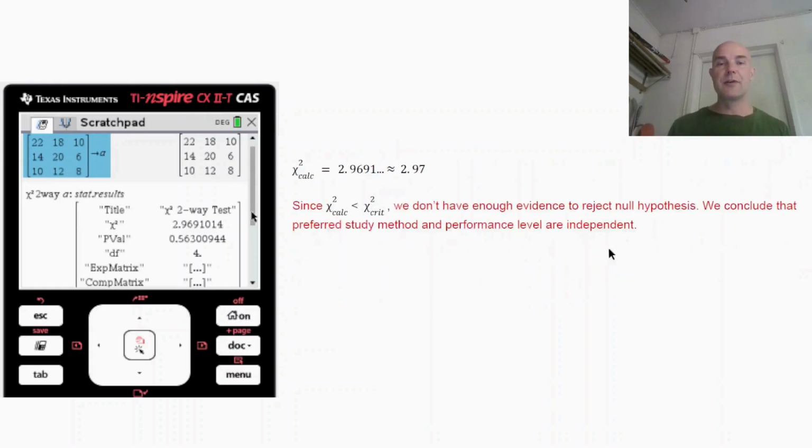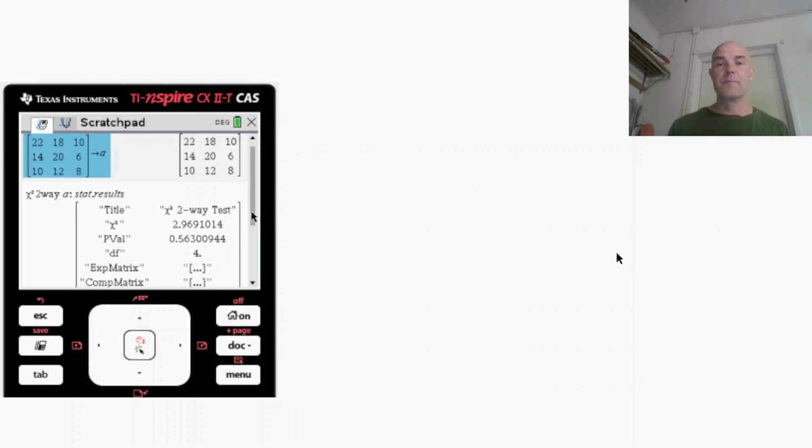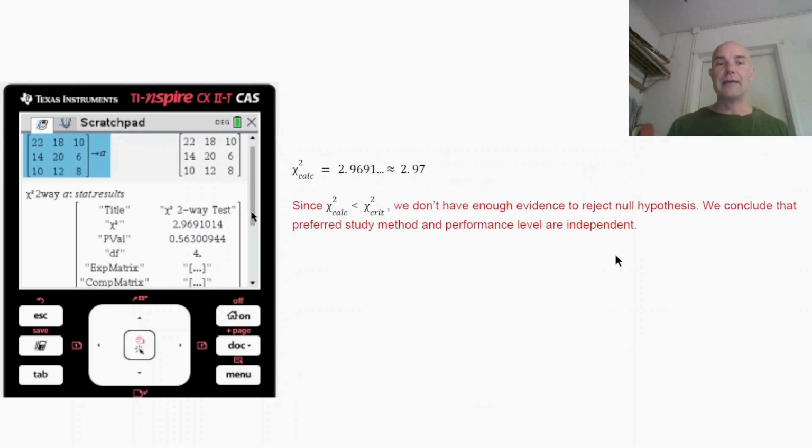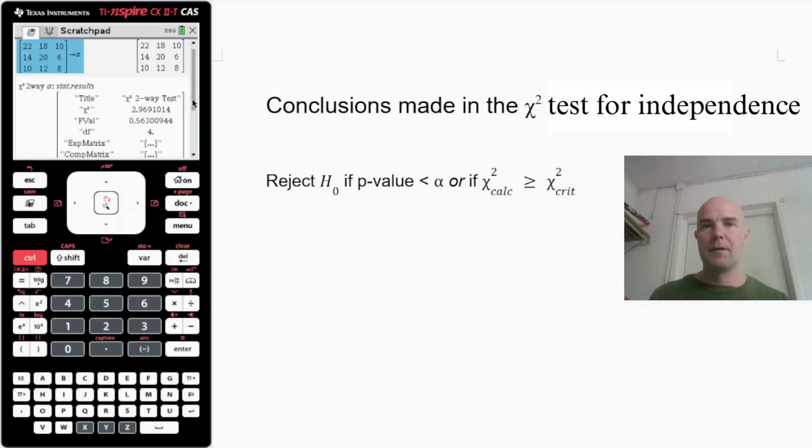And here is a brief summary of how you make conclusions in a chi-square test for independence. You can use either the p-value or the chi-squared value to make the conclusion. And here is how you do it. If the p-value is smaller than the level of significance, which is this alpha, we reject the null hypothesis.